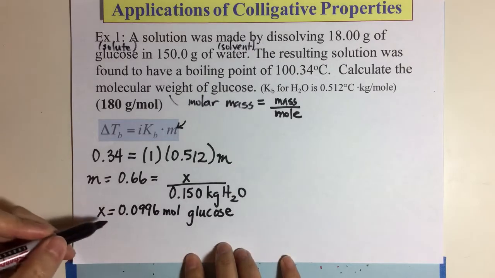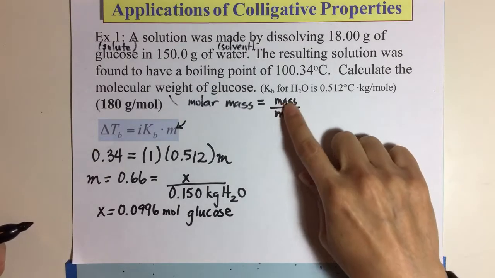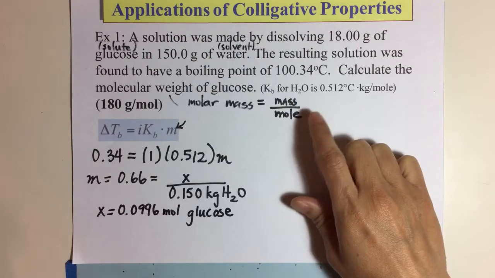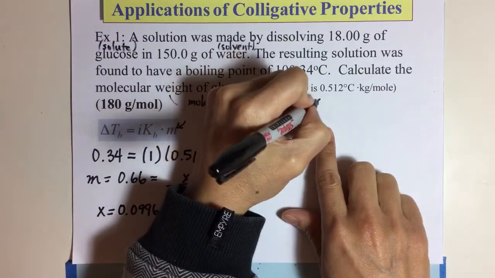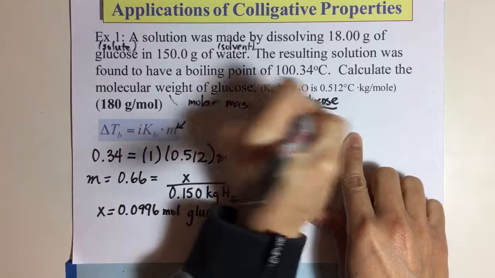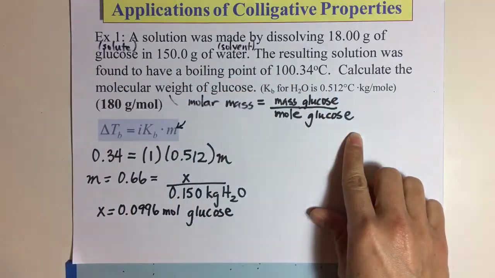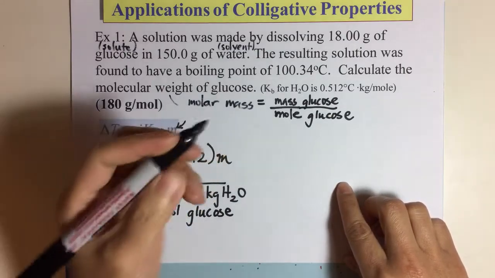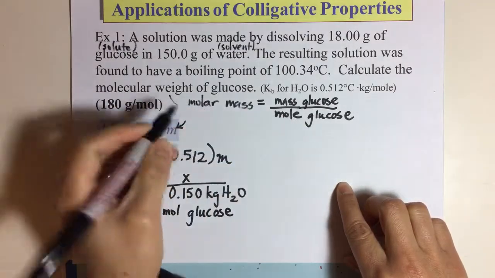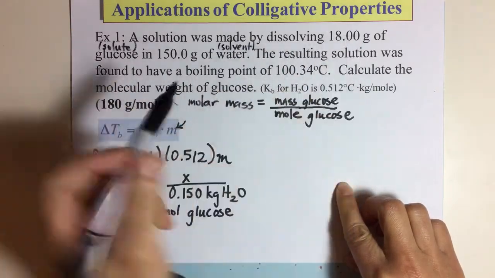So now we want molar mass. To find the molar mass, as defined up here, is the mass divided by moles of that substance. And the solute is glucose. The substance we're looking at is glucose. So I'll write that in just to make sure we are guided as far as what we're trying to substitute and find. Okay, so to find the molar mass, I need the mass of the glucose. And if you read the problem again, you'll see that this is the mass that's given of the glucose.